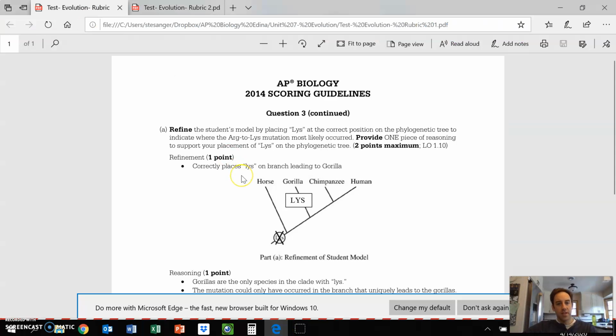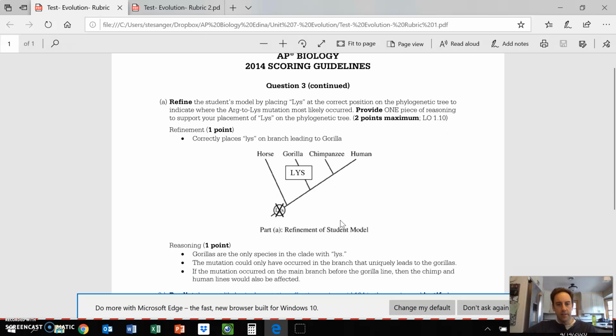The third question gave you this phylogenetic tree, and it said where should that lysine mutation go? And it turns out that gorillas have that mutation of that amino acid, and only gorillas.